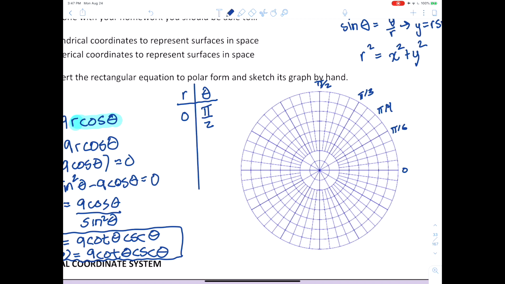Cool? And each of the rings can just be 1: 1, 2, 3, 4, 5, 6, 7, and then 8 would be the last ring. So the radius r is 0, and that happens at pi over 2, so we just have a point at the pole.